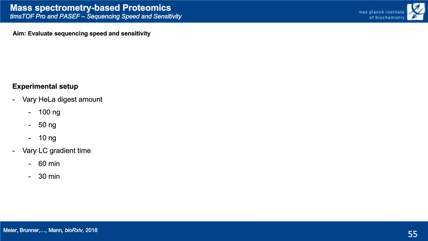So in the next step, we wanted to evaluate the sequencing speed and sensitivity of the machine in a more systematic manner, and therefore we used different sample input amounts varying from 100 nanograms to 50 and 10 nanograms, and also we varied the LC gradient time.